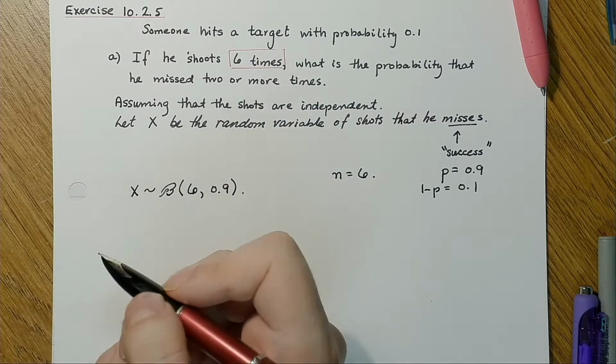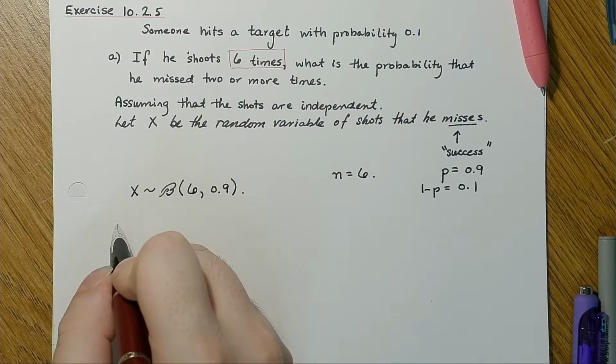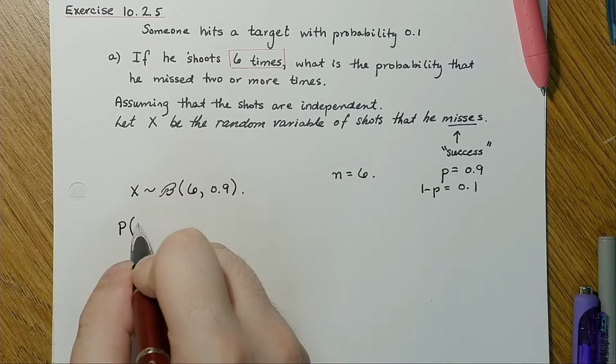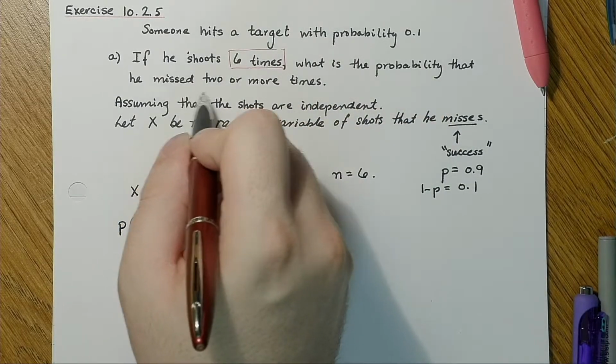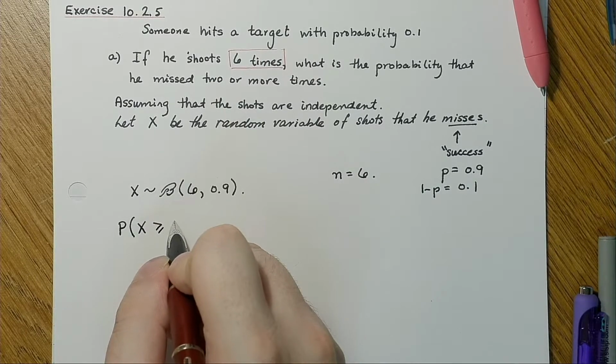Okay, so with that, what I need to do is come up with the probability of x greater than or equal to 2.